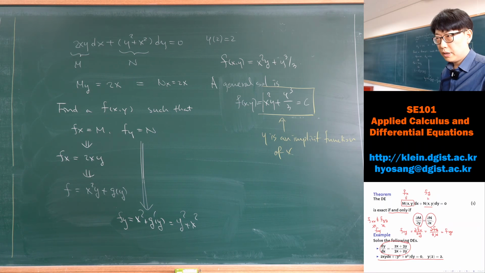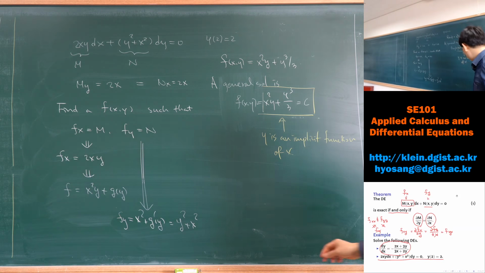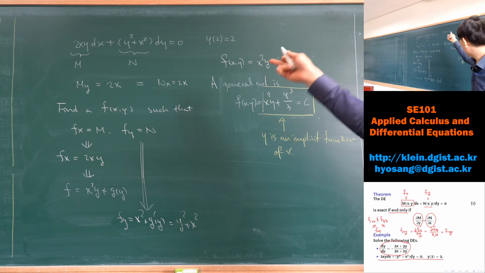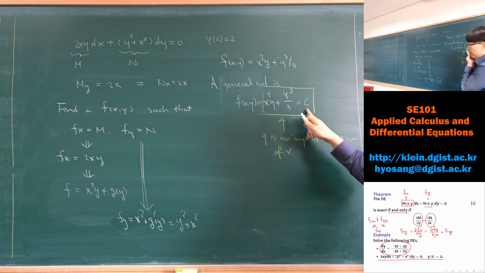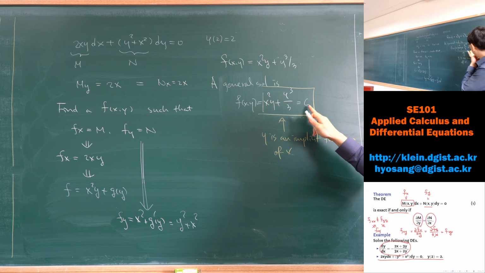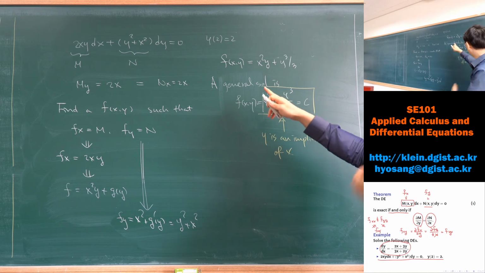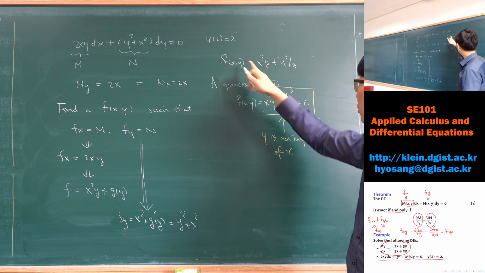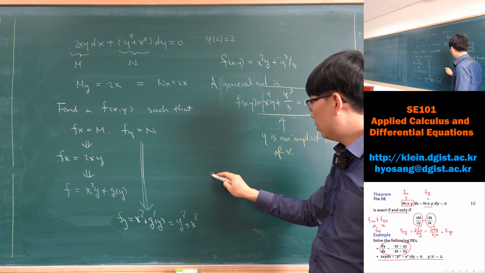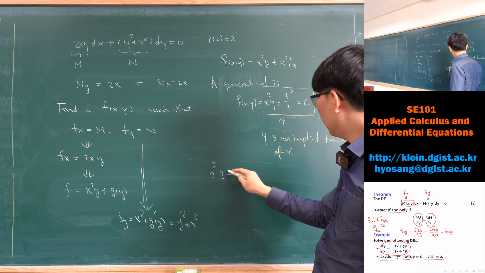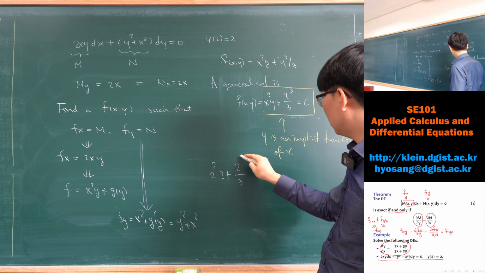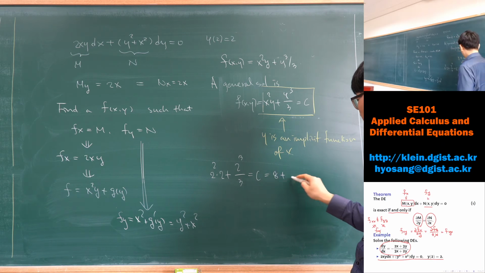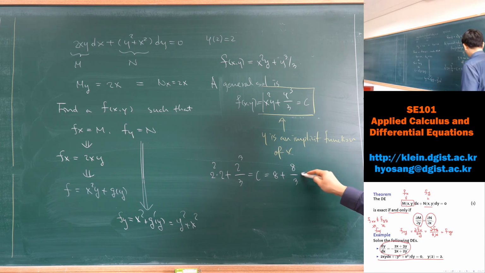Okay. So we have an initial condition, which is y(2) equals 2. So I can determine my constant c because this equation must be satisfied when x equals 2 and y equals 2. So 2 squared times 2 plus 2 cubed over 3 must equal c, which is 8 plus 8 over 3.